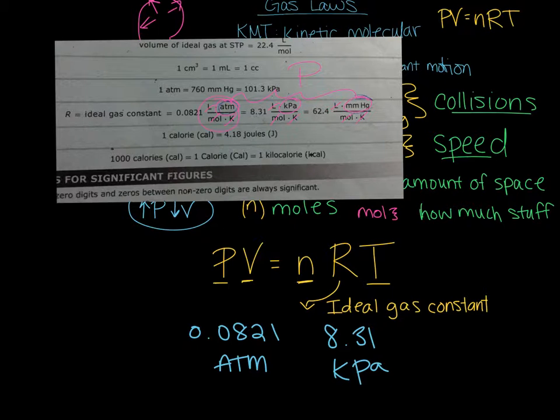And then you will use 62.4 if you see torr or this millimeter mercury thing. They don't put torr on it, but it does exist. So, all right. So you have to look at which unit is being used in your problem.